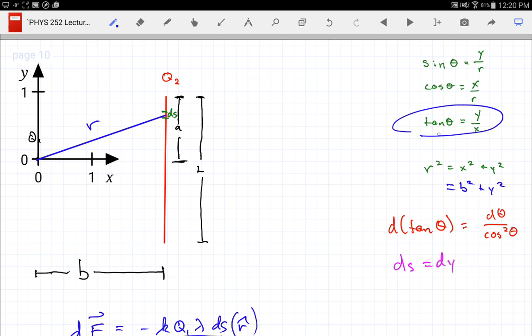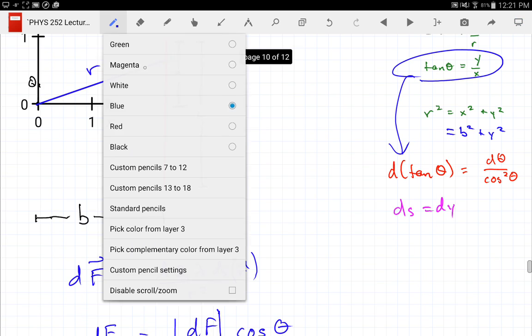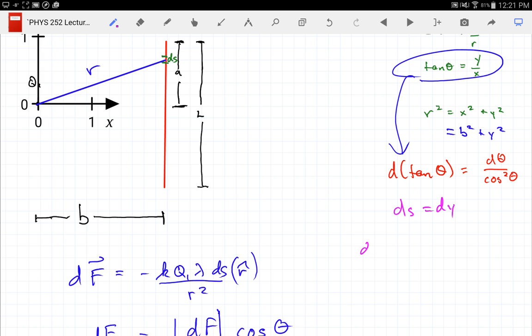If you take this tangent and take the derivative thereof, and I put the derivative of tangent because I don't have that memorized and I want to be able to do this in class, then I get the equation that says d theta over cosine squared theta is equal to, notice the other side was y over x, where x is a constant, x is just b. And so that's going to be dy over b.